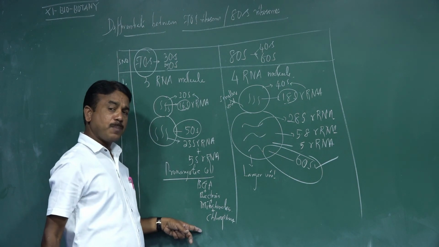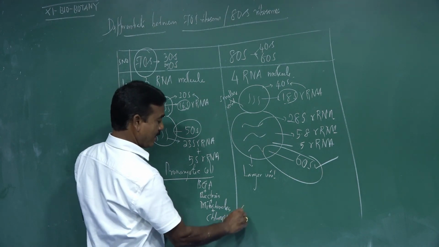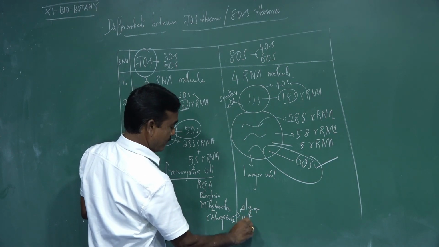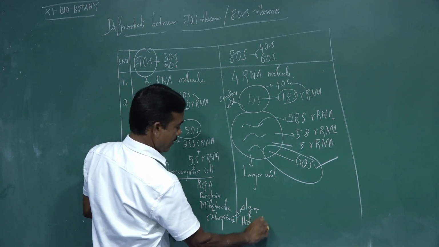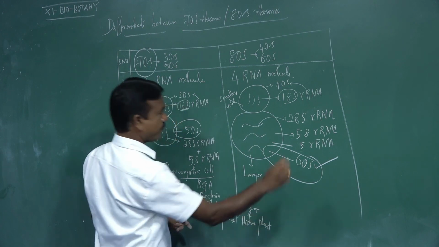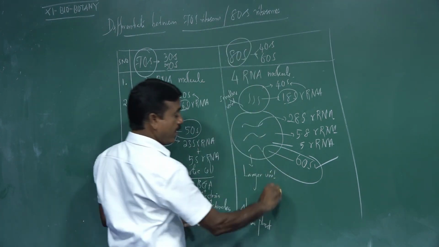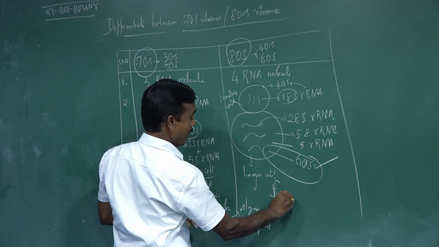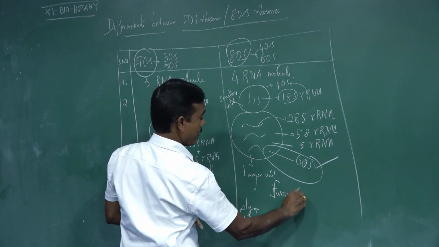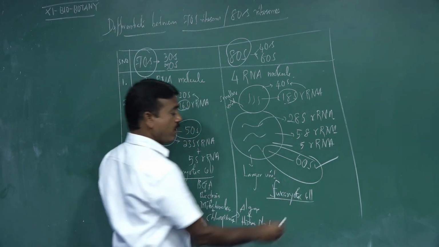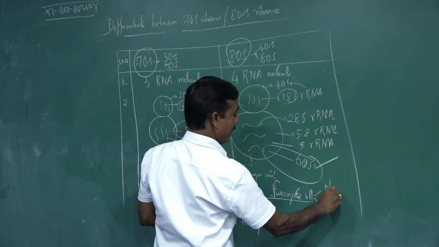The 80S ribosomes are generally found in eukaryotic cells, that is, plants and animals.